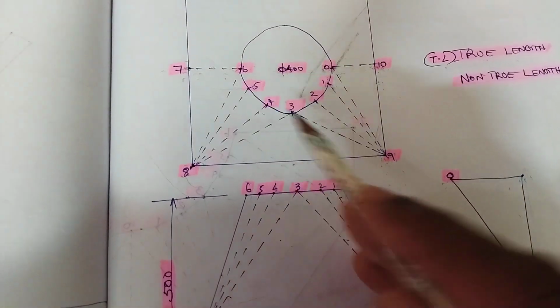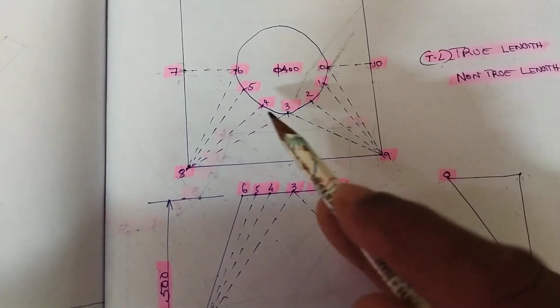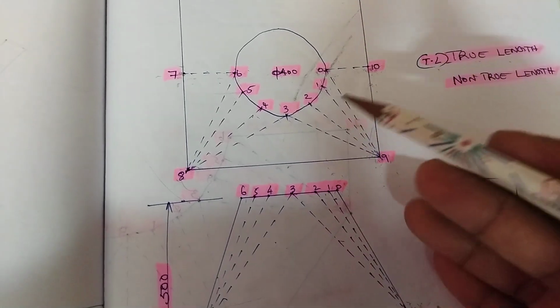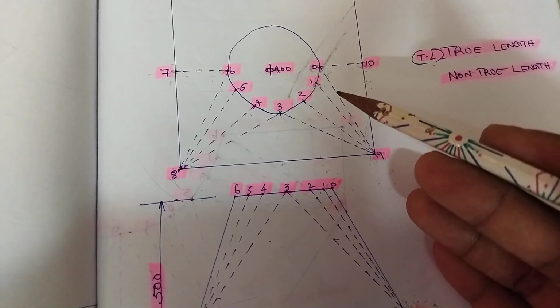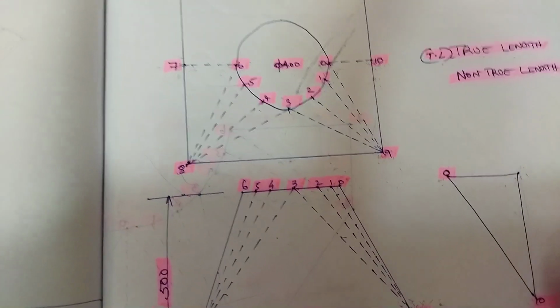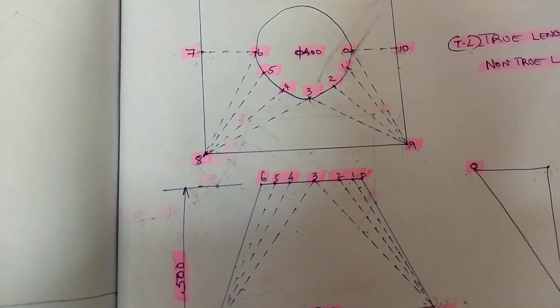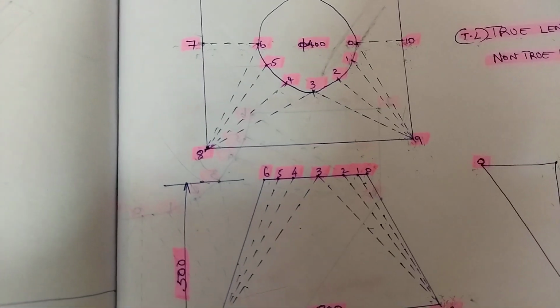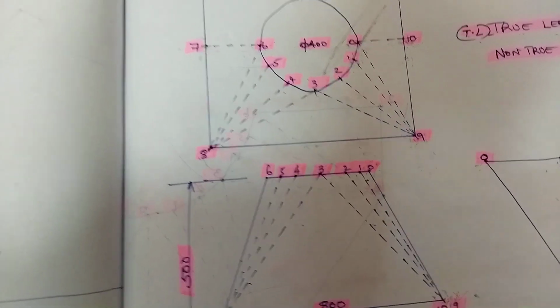If this measurement is so small, no need of 4 also. Sometimes 3 may be enough for bending, sometimes 2 also. Okay. That is according to the diameter or the speciality of the job.